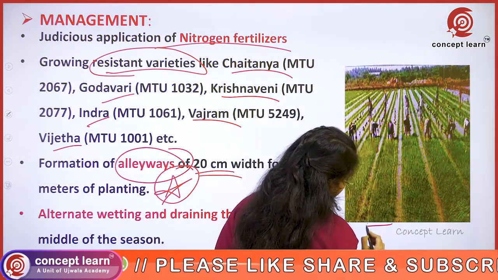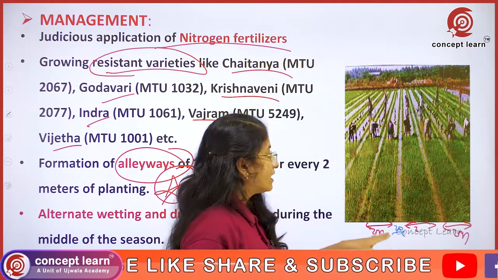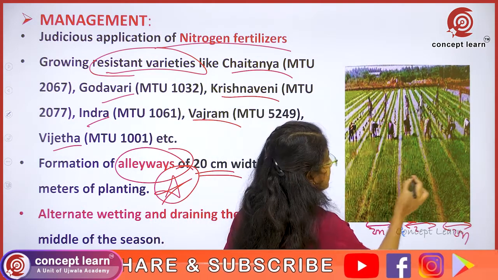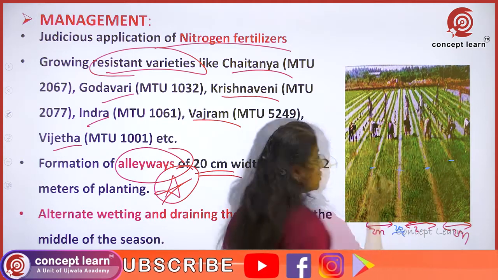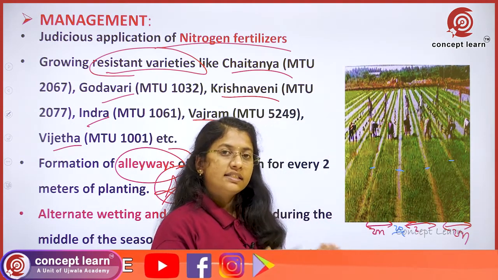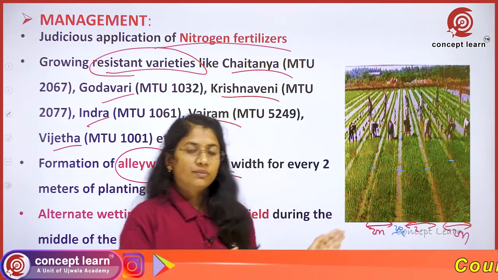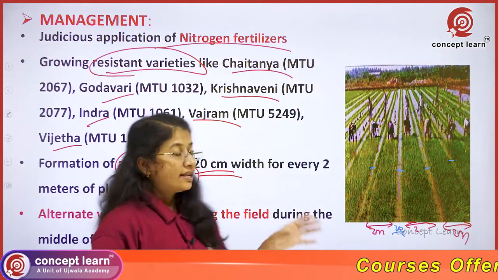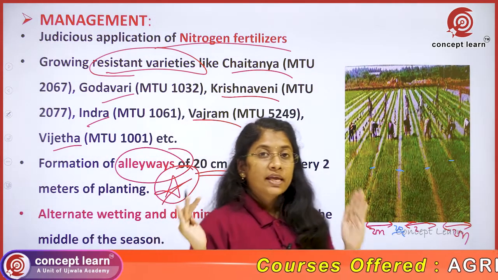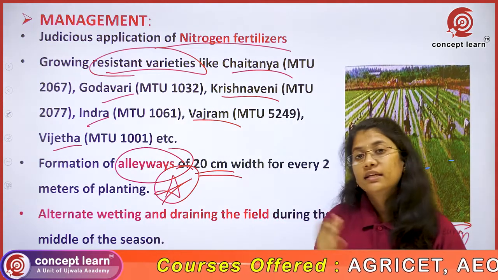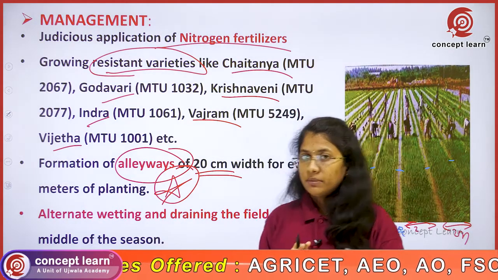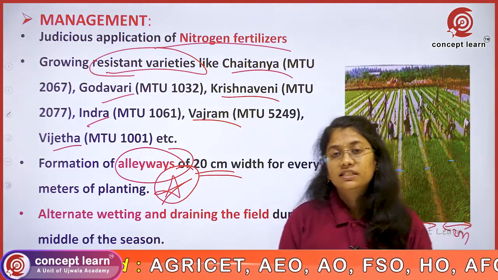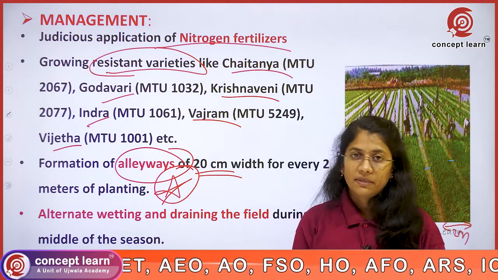For every 2 meters, we have to leave a 20 centimeter gap. If we leave such gaps between every 2 meters of paddy plants, it helps provide plenty of aeration, and in case of a BPH attack, it is very easy for the person applying the pesticides.